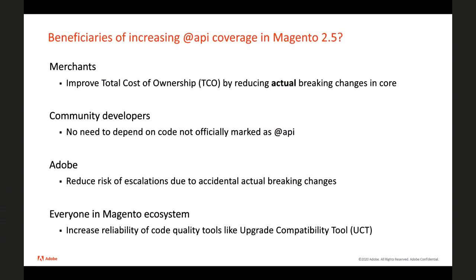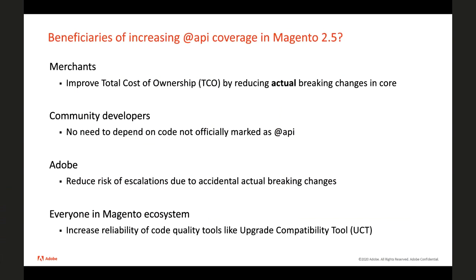Another benefit is for community developers, obviously, because they will not have to depend on code which is not officially marked as API. This will lead to greater satisfaction from the developers' perspective, and it will be easier for them to maintain and refactor the code and keep it up to date with the latest Magento releases.